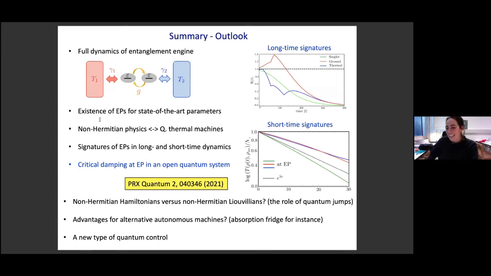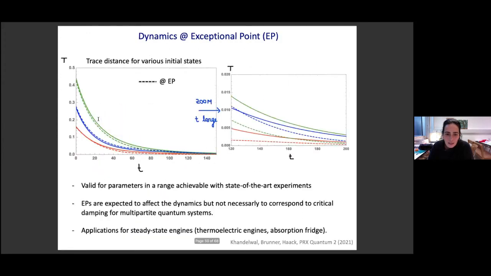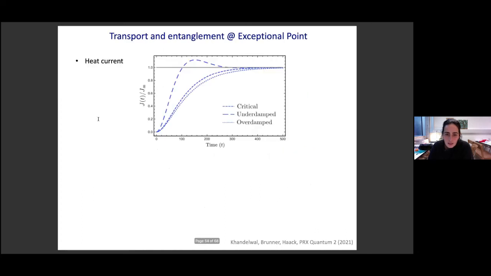So no, because if you are in the underdamped regime, you may be, and you can see that on this plot, even if it's for the heat current, you may be closer to the steady state before the critical regime.